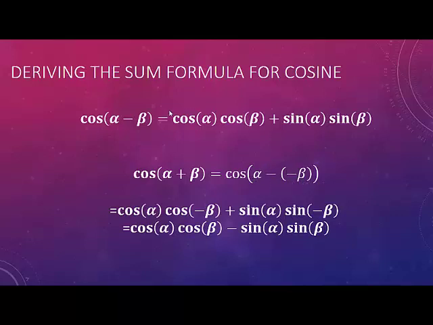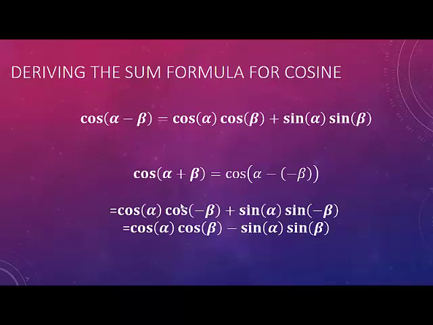I'm going to use the formula that we've already derived, but I'm going to plug in alpha for alpha and negative beta into the formula for what I had for beta. So this will be my second angle. So I have cosine of the first angle, cosine of the second, plus, because I'm taking a difference here to use that formula, sine of the first, sine of the second. And that looks very familiar.